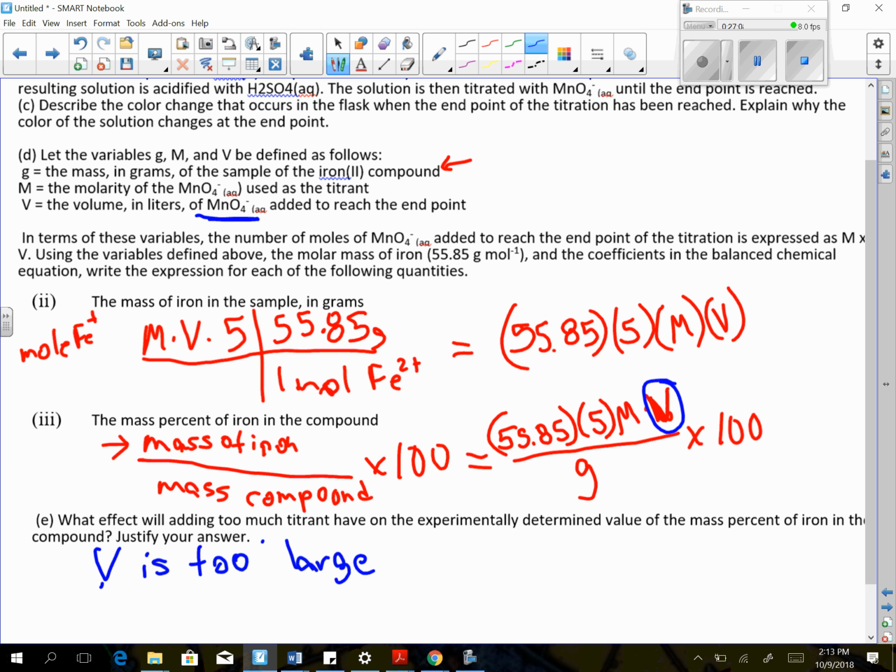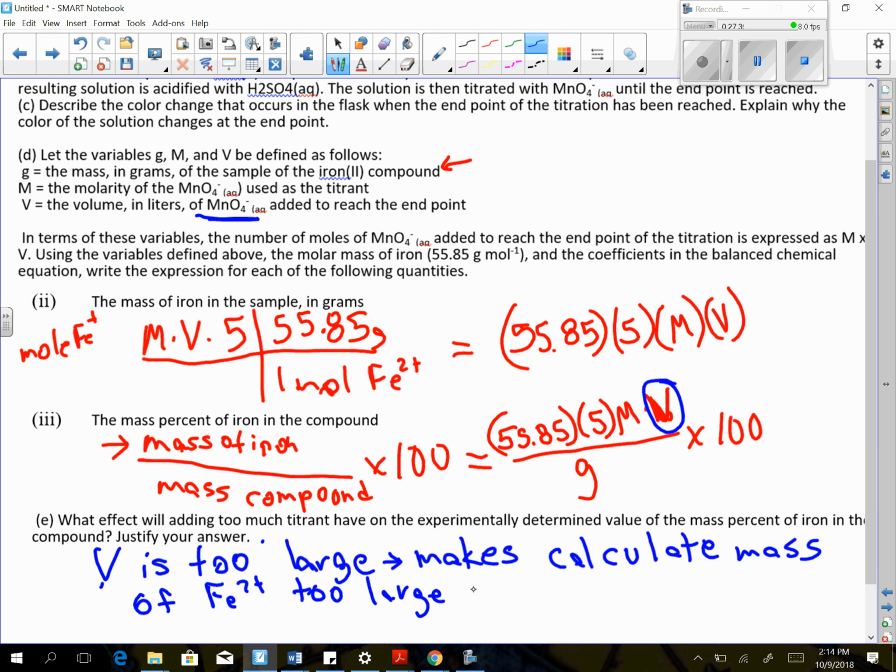And if the volume is too large, isn't your whole mass percent number too large? So if the volume is too large, it makes the calculated mass of iron too large, and the mass percent too large.